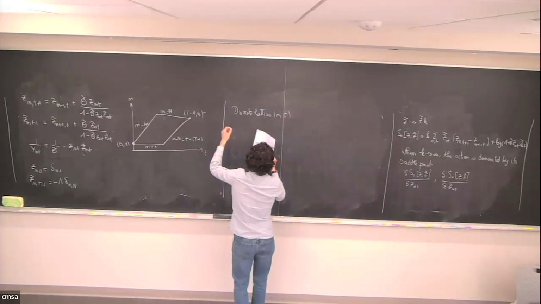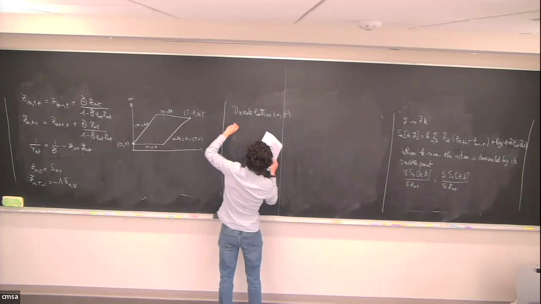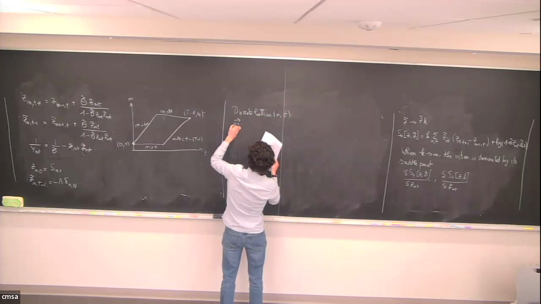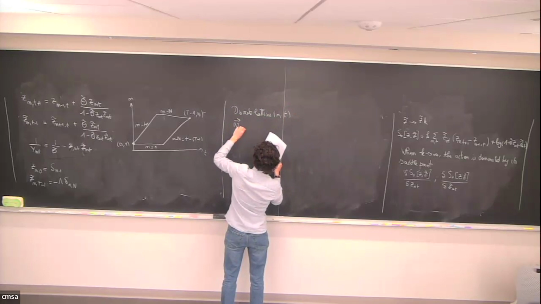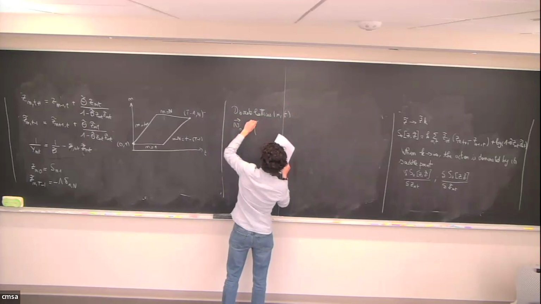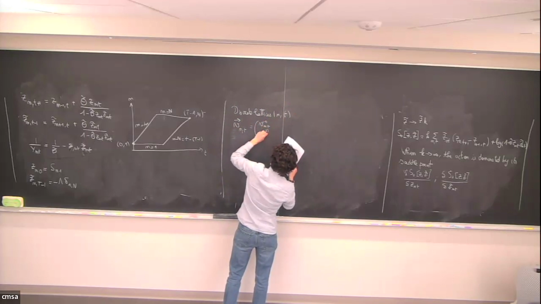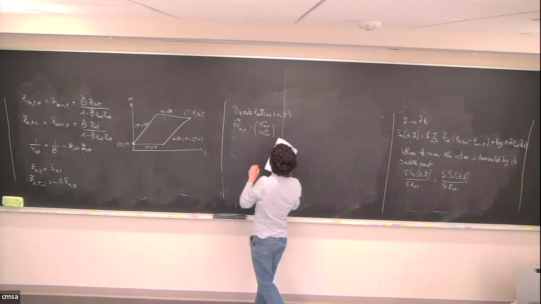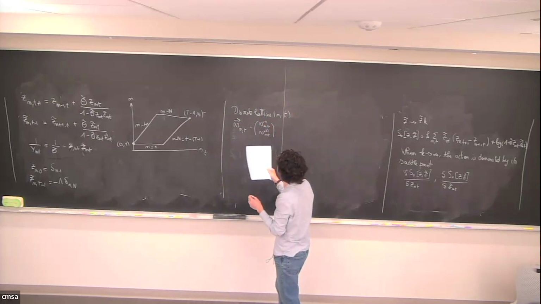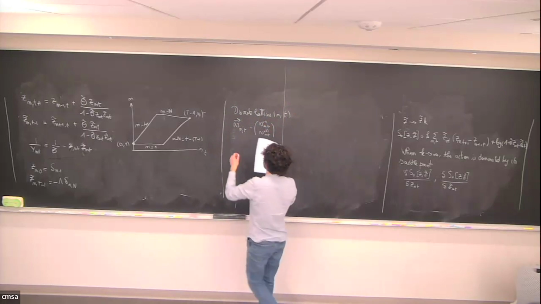I will define a certain vector v that is indexed by two coordinates, v of n and t, that has two components. Let's say v1 of nt and v2 of nt. And I'm going to study the following linear problem of v.